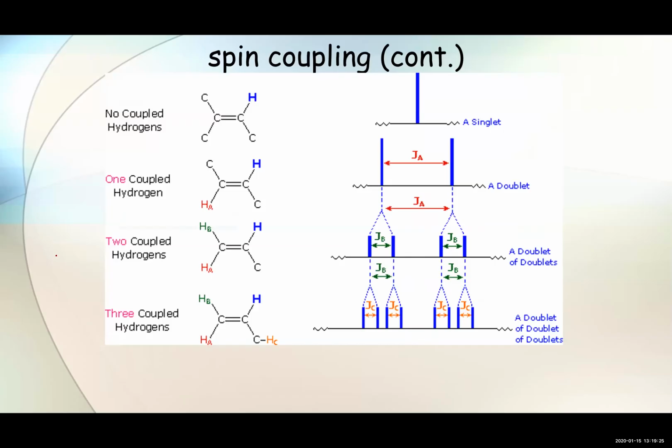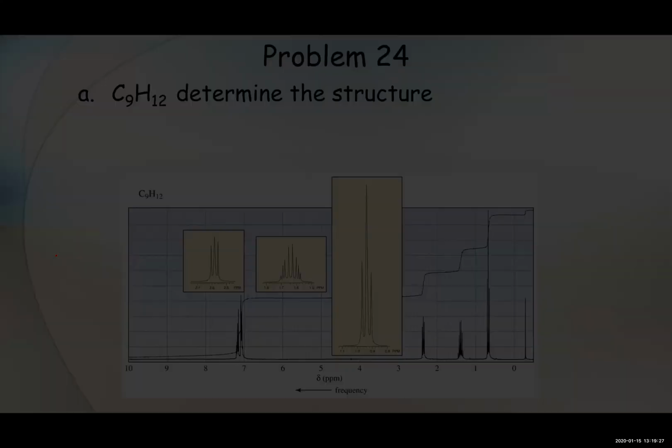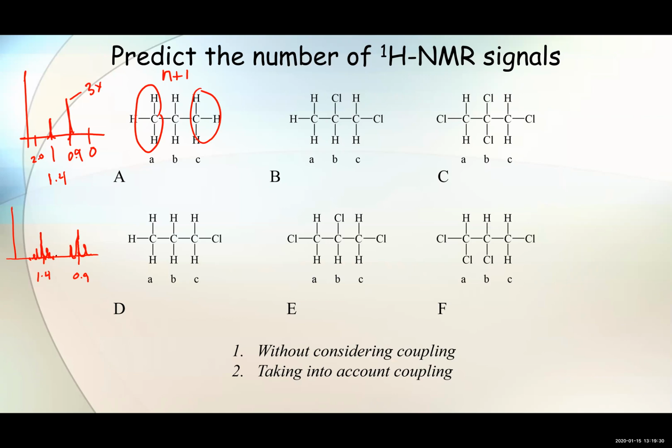Let's go back to this problem, and then we'll do some more problems, and then we'll do carbon NMR because you can do carbon NMR as well. All right, so here's a chlorine here and a chlorine here. It's in one of those charts about halfway down.